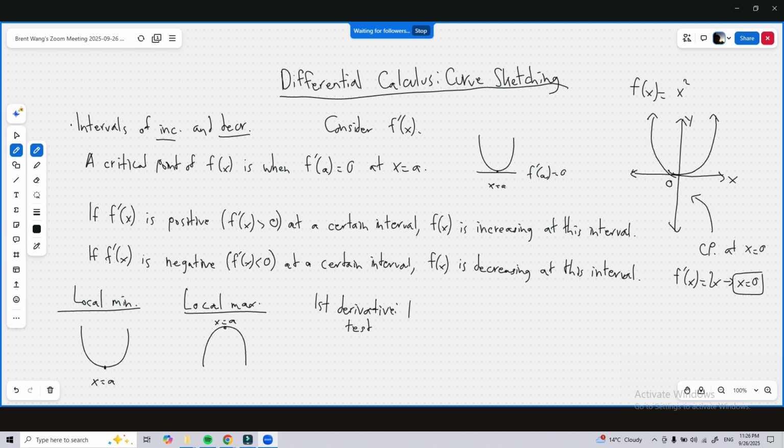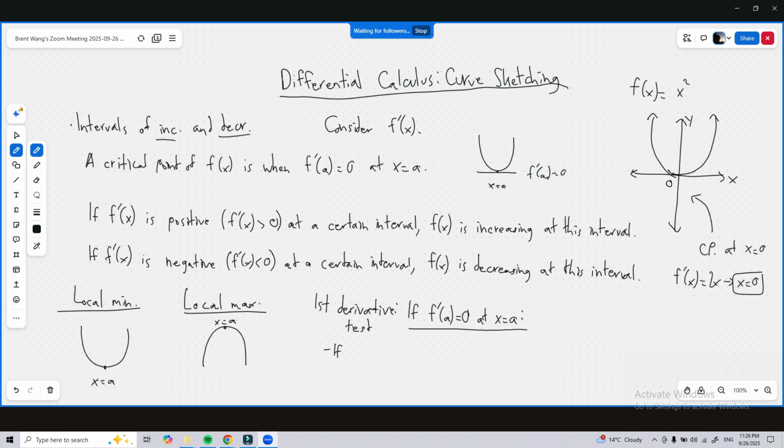The first derivative test. If I used x equals a earlier, I wanted to say x equals c, but my brain slipped. The notation really doesn't matter. If f prime of a equals 0 at x equals a, this is what happens in these cases.